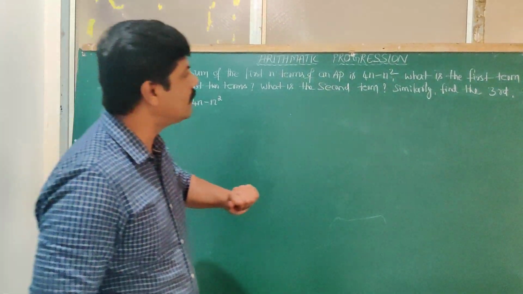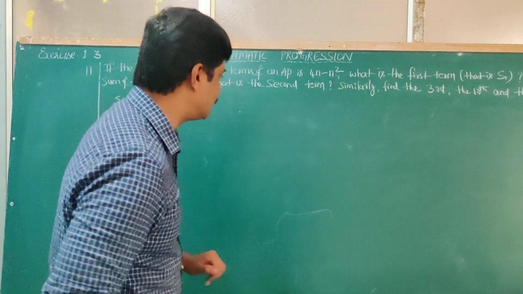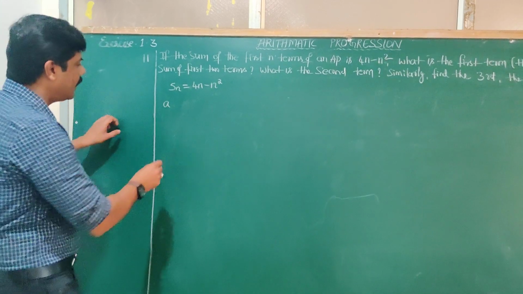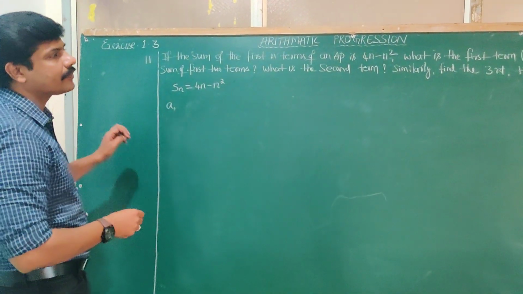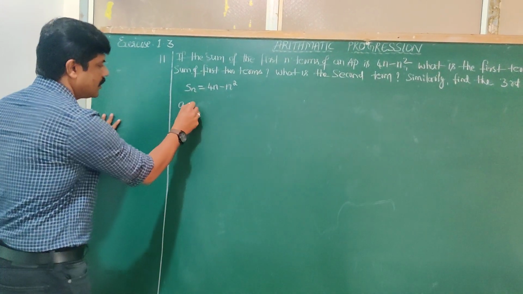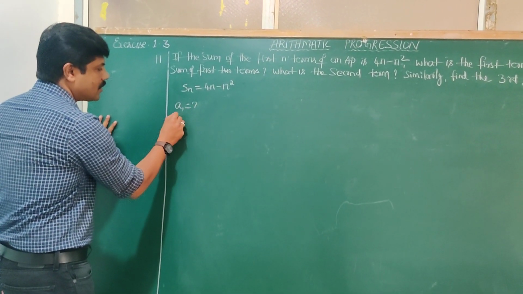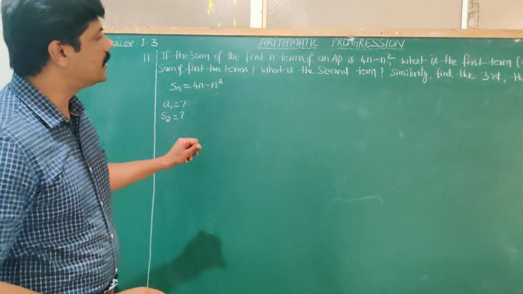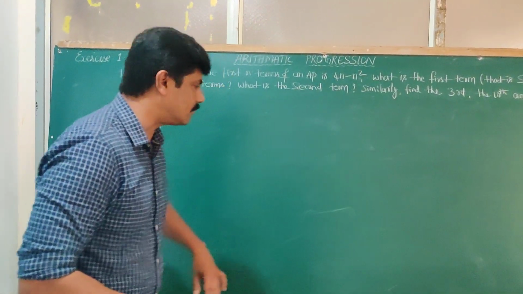Let's see one by one. What is the first term? A is the first term, a or A1. What is the sum of the first two terms? The third question is, what is the second term, A2?